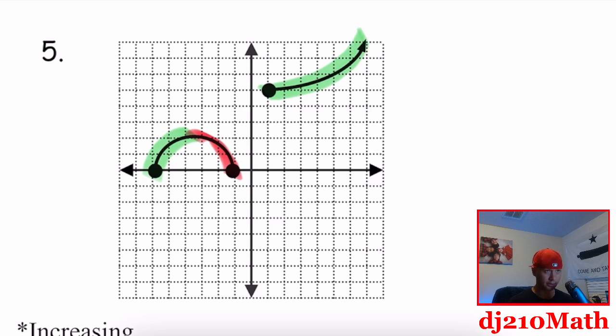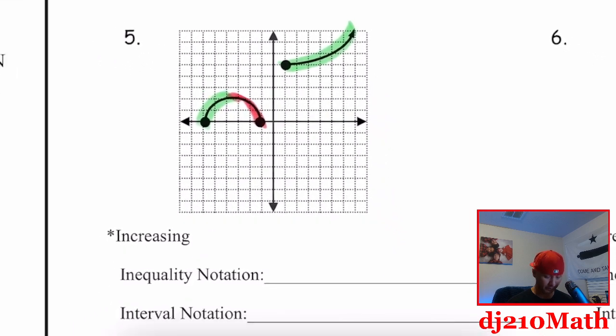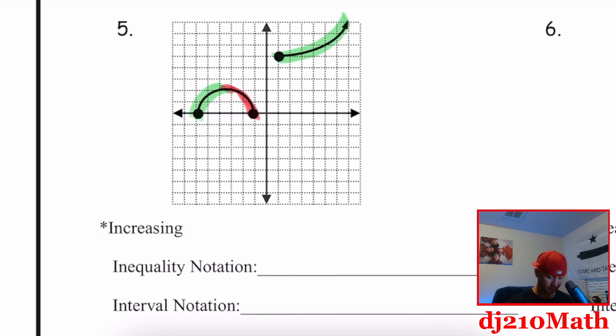All right, so writing this as an interval, we have two pieces that are increasing. -6 up to, looks like 4.5. 1, 2, 3, 3.5. -3.5. Union, the other green piece.